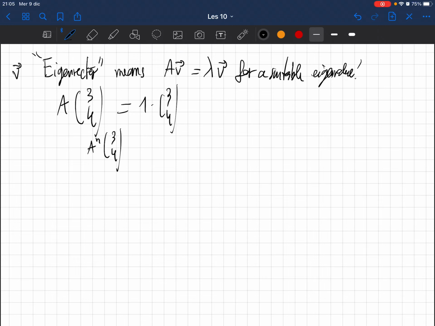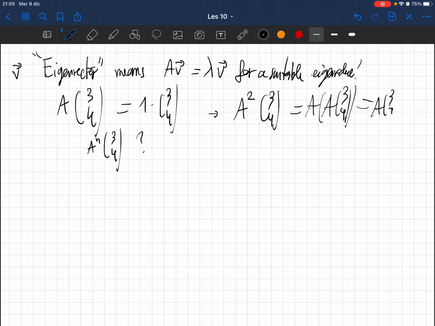A squared, which is A applied to A, applied to (3, 4), is again (3, 4). For any n, you can imagine that this gives again (3, 4).